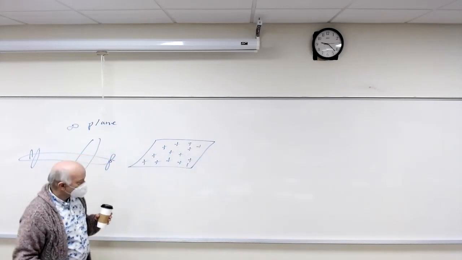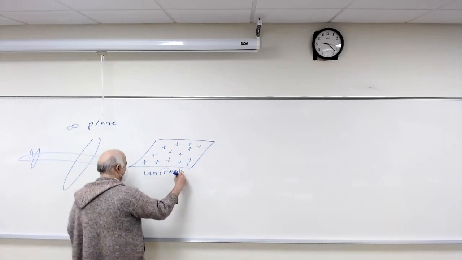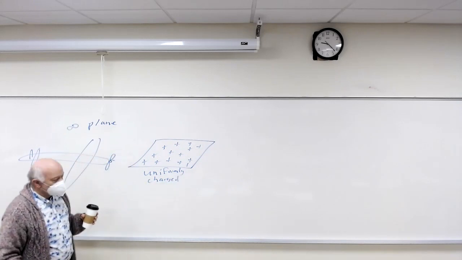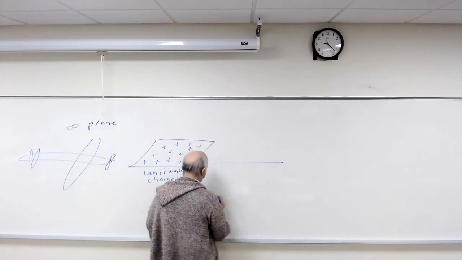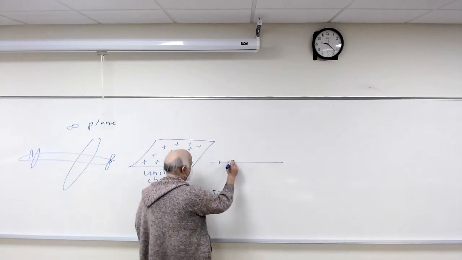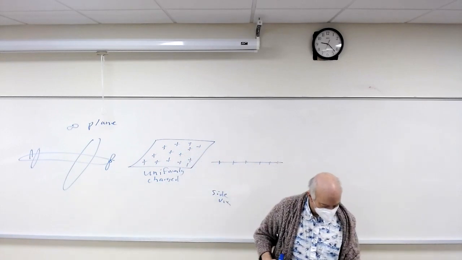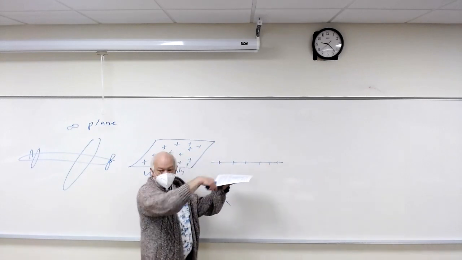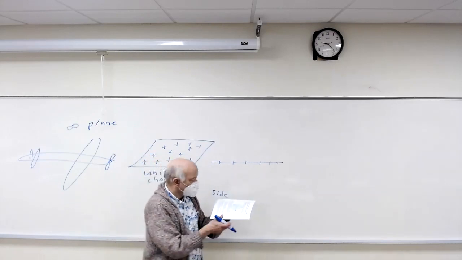Uniform, so this is uniformly charged. Is it flat? Yes. The side view is like this. Here's my plane, but make this plane infinite, then put charge all over the place. That's what we said.